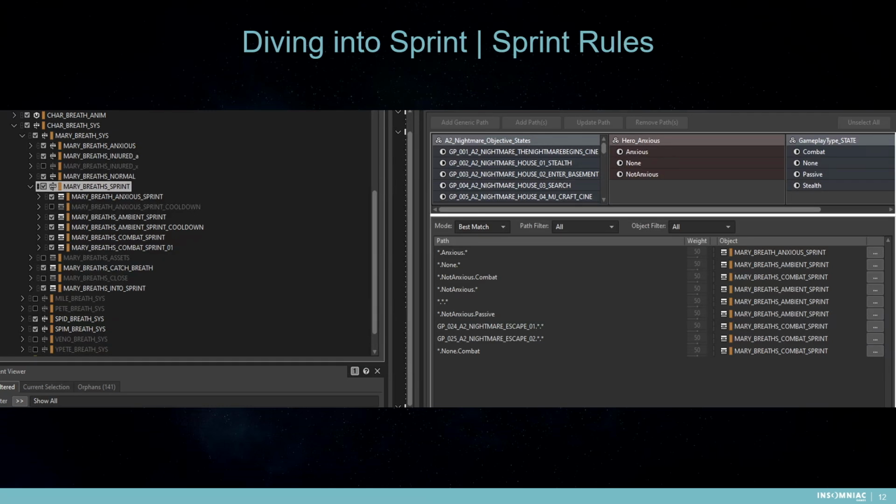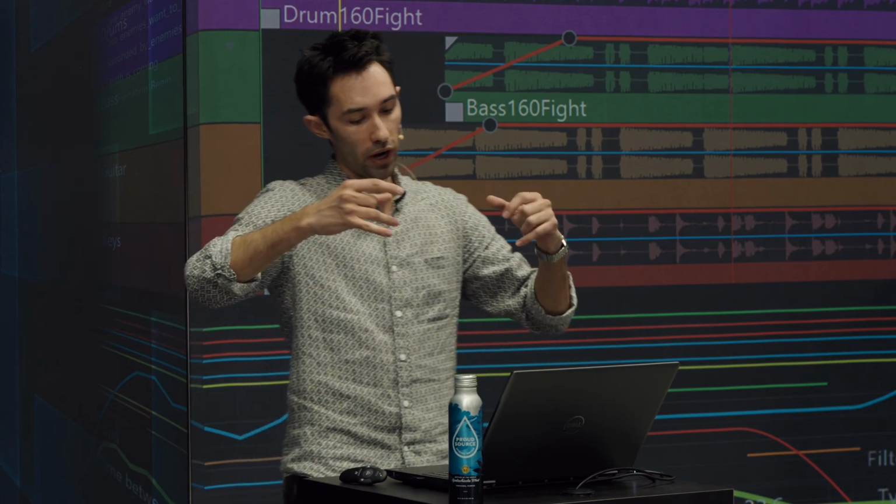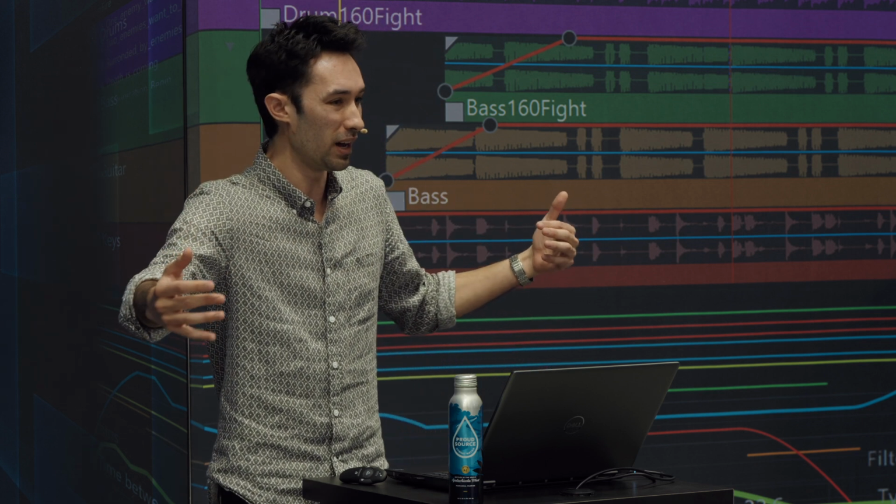You get the idea. What was also really interesting is in certain moments in the game, when we wanted a specific type of sprinting to play, we could actually have objective states. And so in a specific part of the game where she's running away from a character, I think there was some sprinting that was playing that wasn't what we wanted.